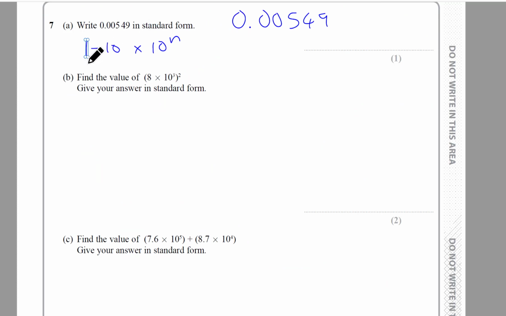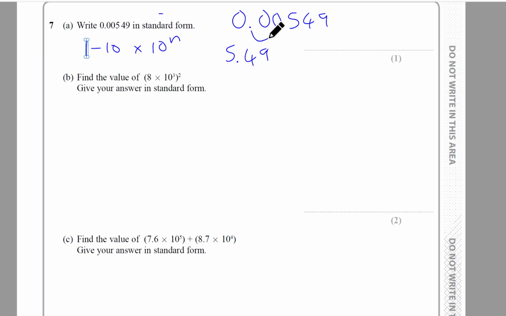Standard form is a number between 1 and 10 times 10 to the power something. Now this is a number less than 1, so we should remember that n is going to be a minus number. So we know it's got to be 5.49.